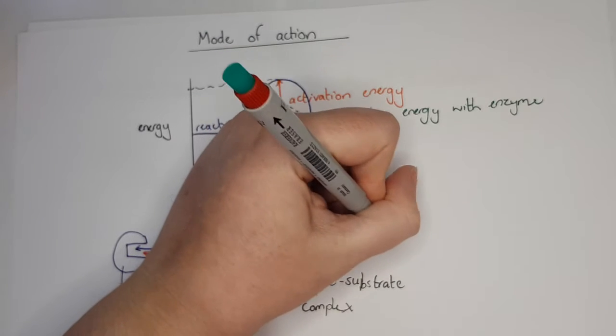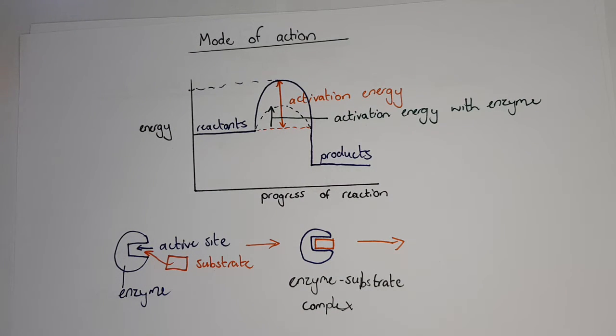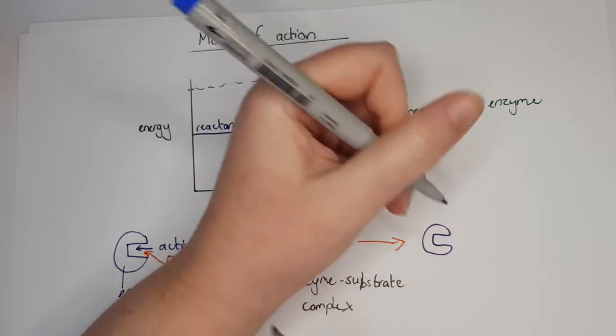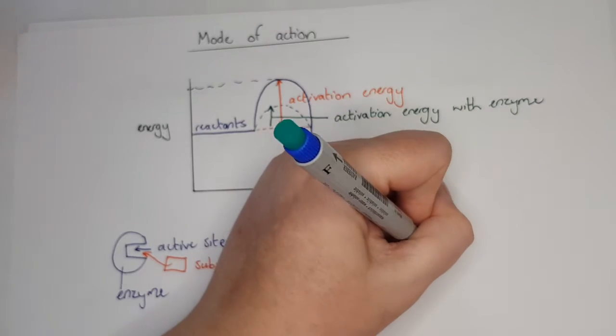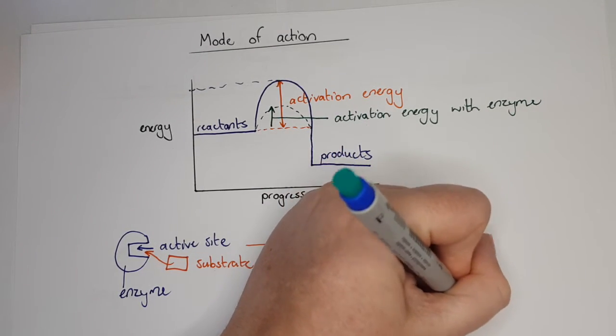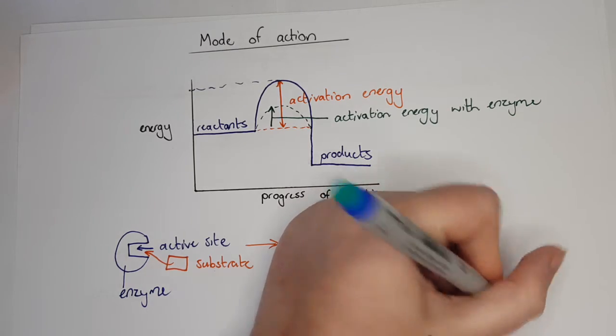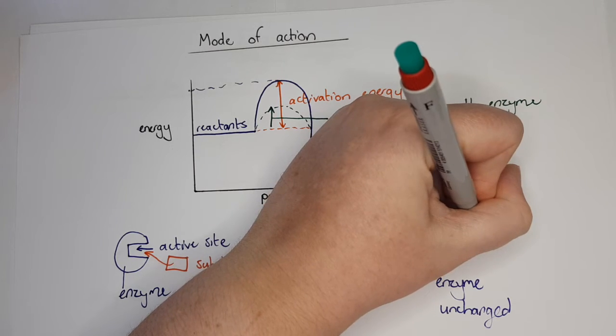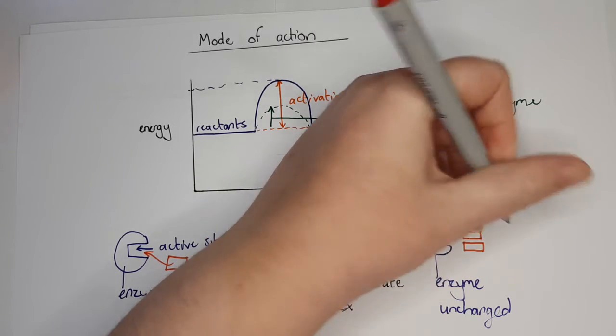So then, once we've lowered the activation energy, our enzyme stays the same. And our substrate has then become products, which get released.